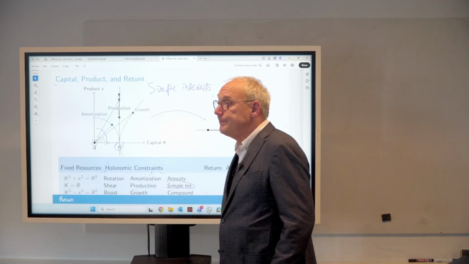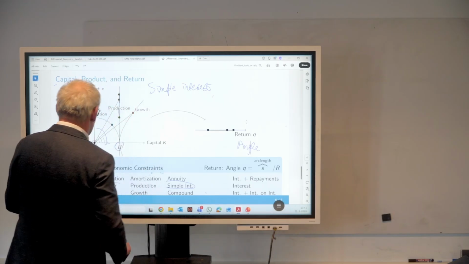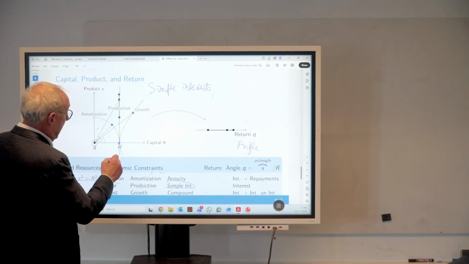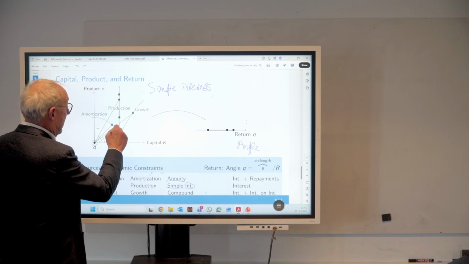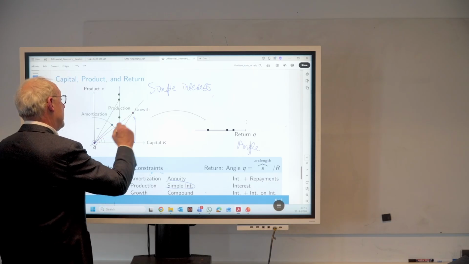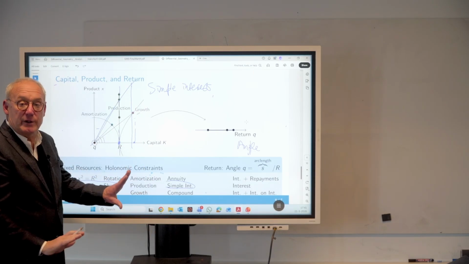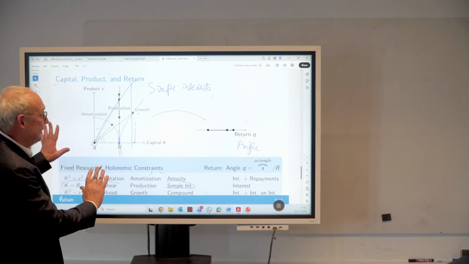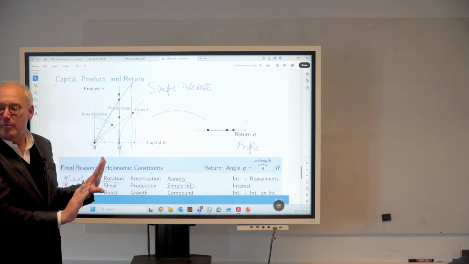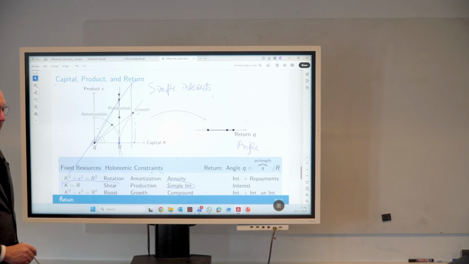So let's go on. So I did this. What you can see is if you start here, you have no production, you'll go over there. If you had a bigger piece of land, you would go over here. So if you connect these together, you will see that what you're really doing when you're producing is you're shearing. It's like a group of transformations where you take the whole plane and you shear it like this. So you could imagine going out there and shearing further.